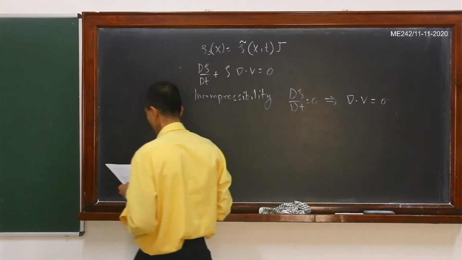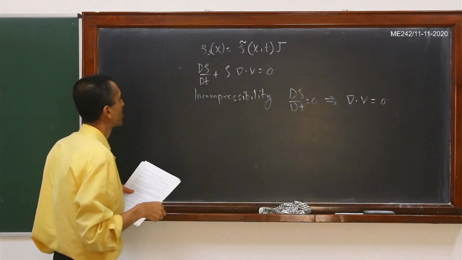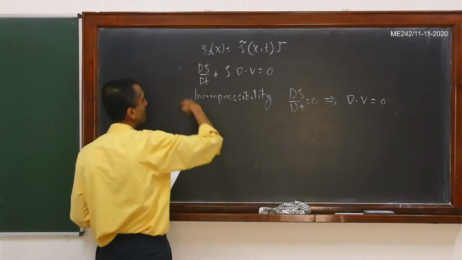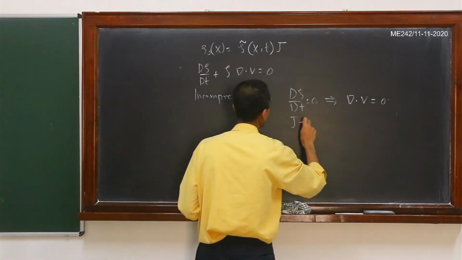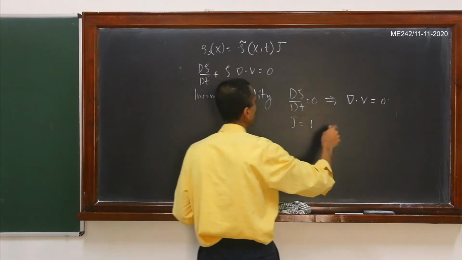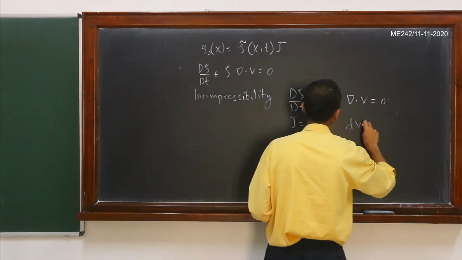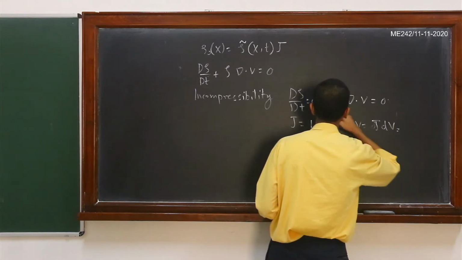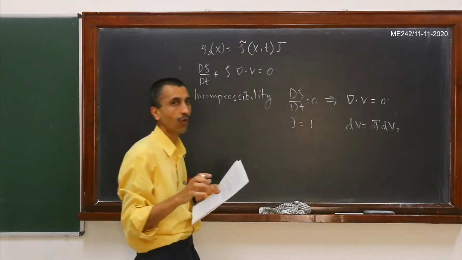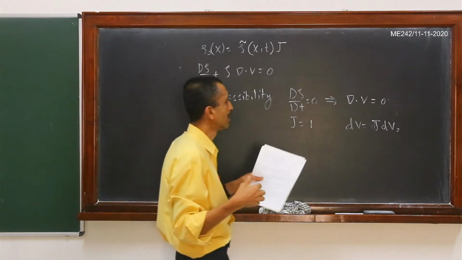In the Lagrangian setting we can also write this condition as j equal to 1, because we have seen that dv is equal to j times dv naught. The incompressibility condition means that the volumes are preserved, so j becomes 1.